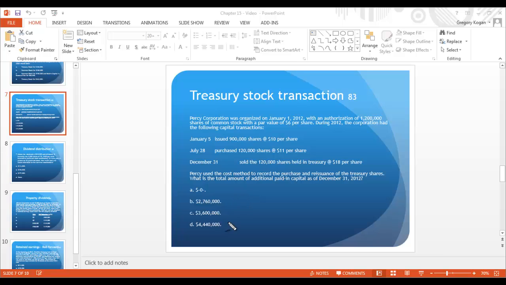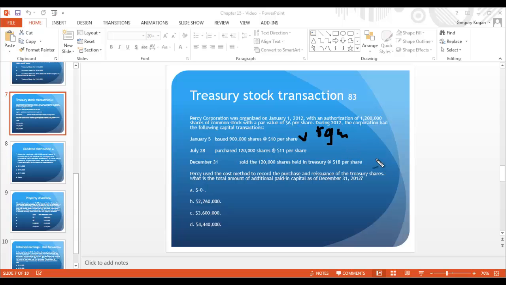December 31, 2012? So just to start off, when we issued the 900,000 shares, I just want to clarify that we received a certain amount of cash here, and that was 9 million, right? That was 900,000 times 10. So we received 9 million in cash. And where did the rest go?